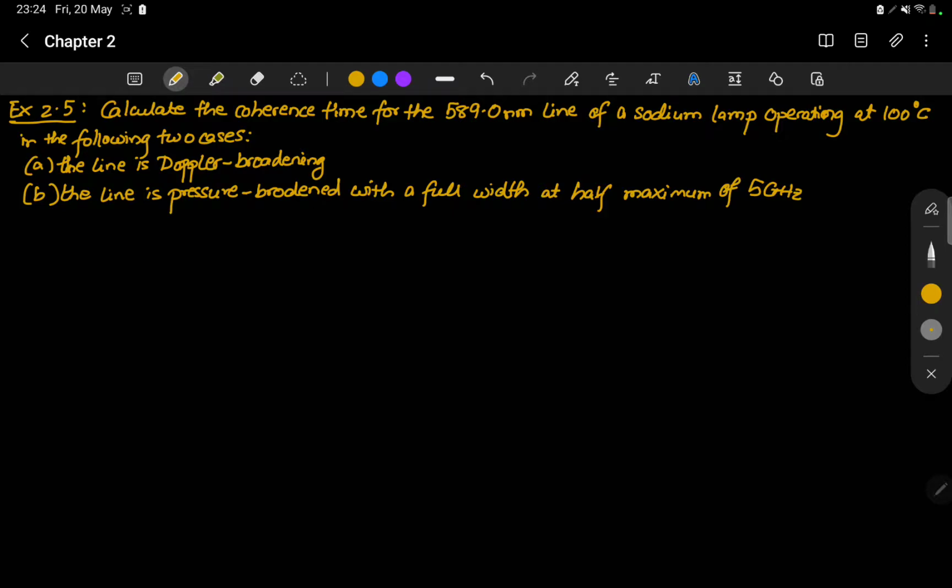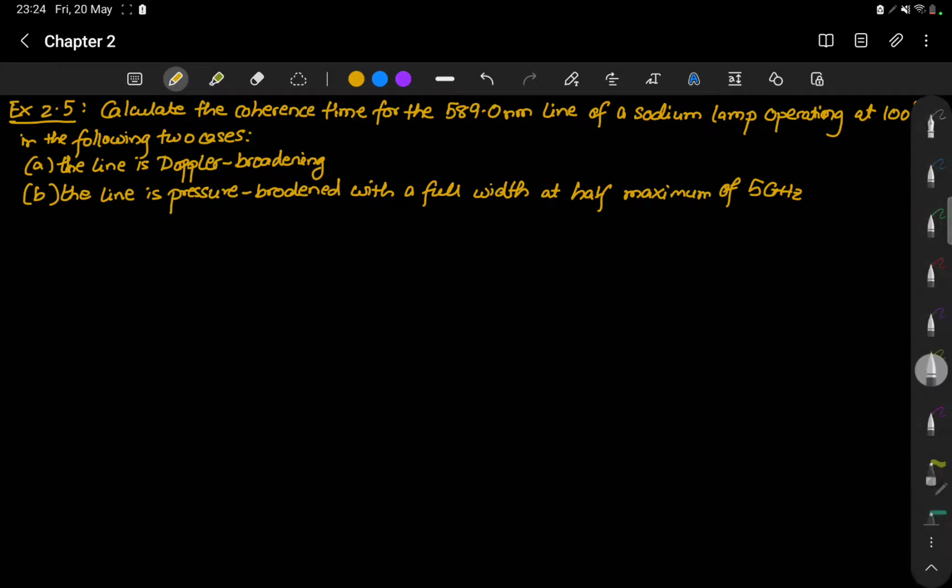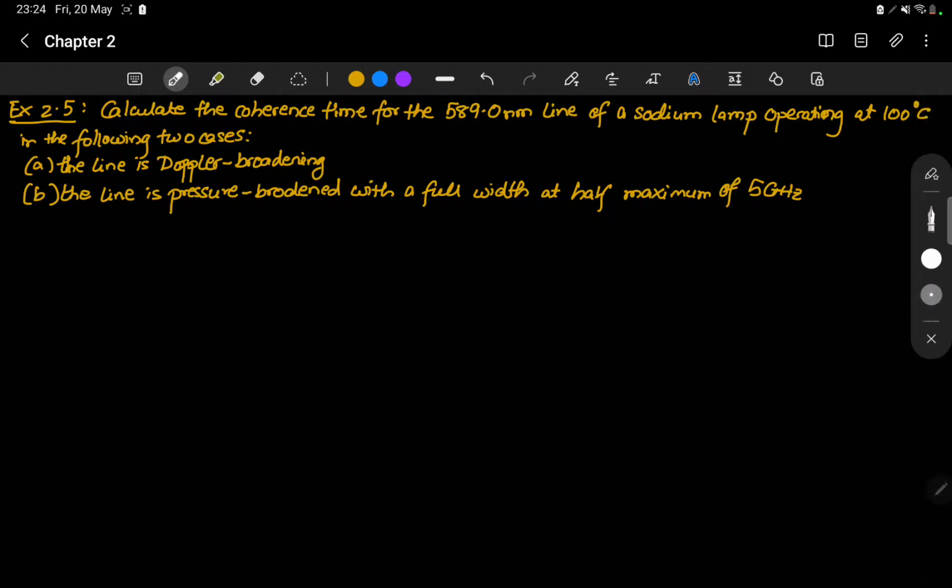So this is a simple question. It is basically a formula based question. So let us solve it. It's a formula based numerical.